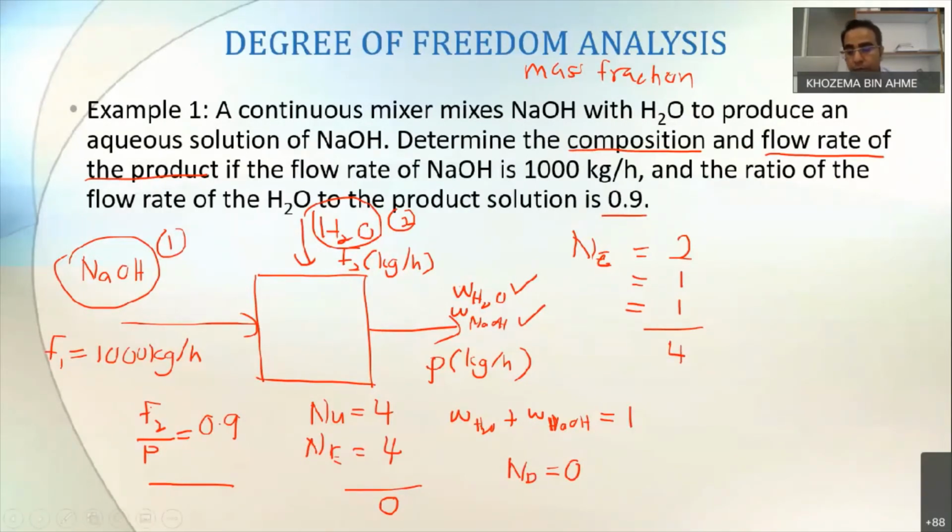So this problem is actually solvable. Since this problem is solvable based on my degree of freedom analysis, only then can I move to step number 5, step number 6, and step number 7. Okay, anyone have any confusion on how to get NE and number of unknowns? You can ask me now.